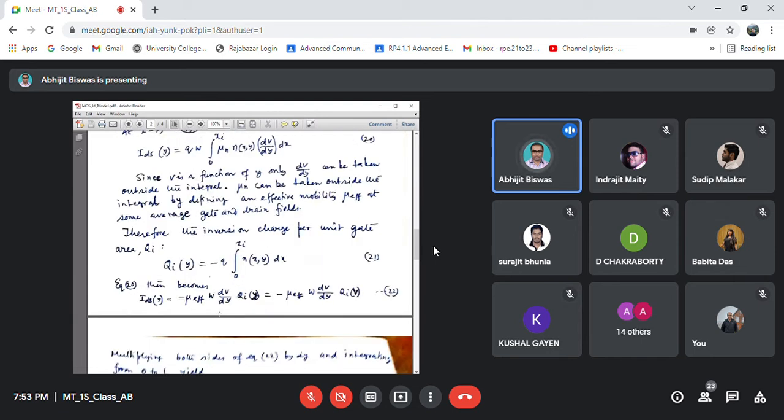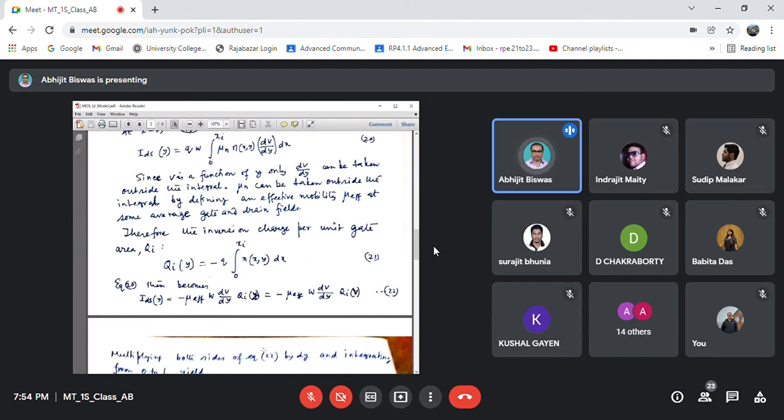And Qi, the inversion charge per unit gate area, is equal to Qi(y), which is minus q times the integration from 0 to Xi of n(x,y) dx. This is equation 20, and that becomes equal to IDS, the drain to source current. It is a function of y, equal to minus mu effective W dV/dy times Qi(y).